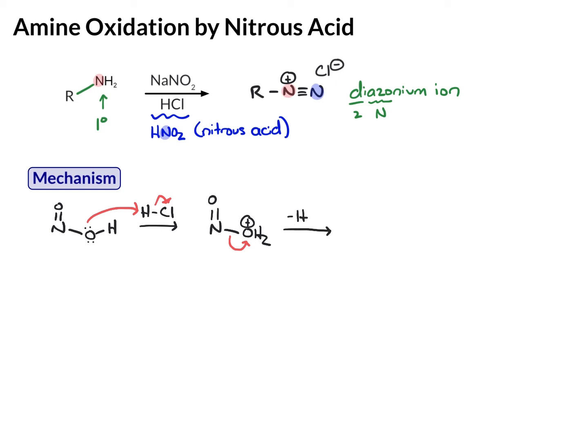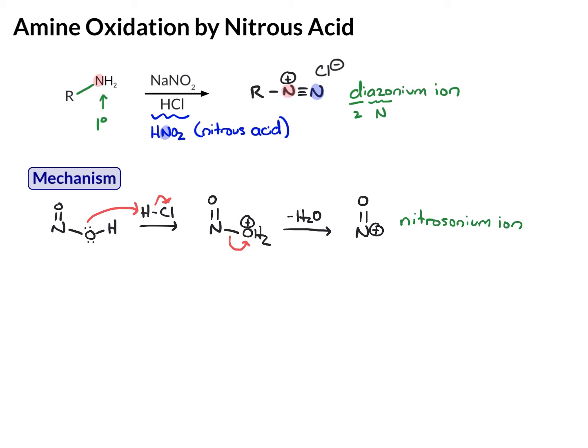So we'll just put minus water. And what we're left with is N double bond O plus. This is known as a nitrosonium ion. That's highly electrophilic. So now that's going to react with our amine.